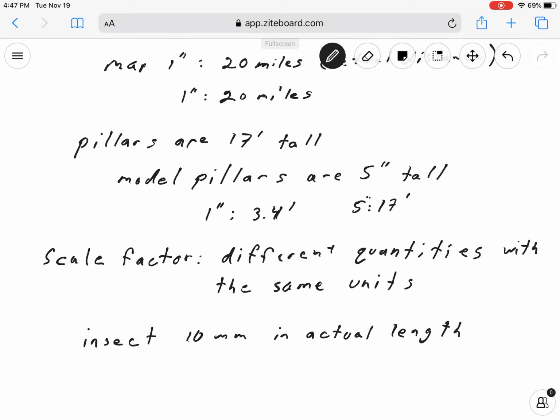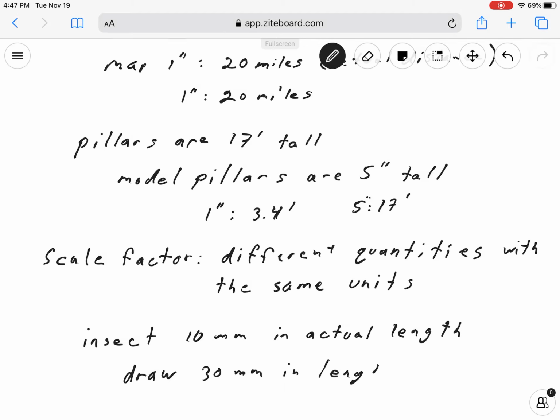But I want to draw it bigger. So I'm going to draw it 30 millimeters in length. Okay.